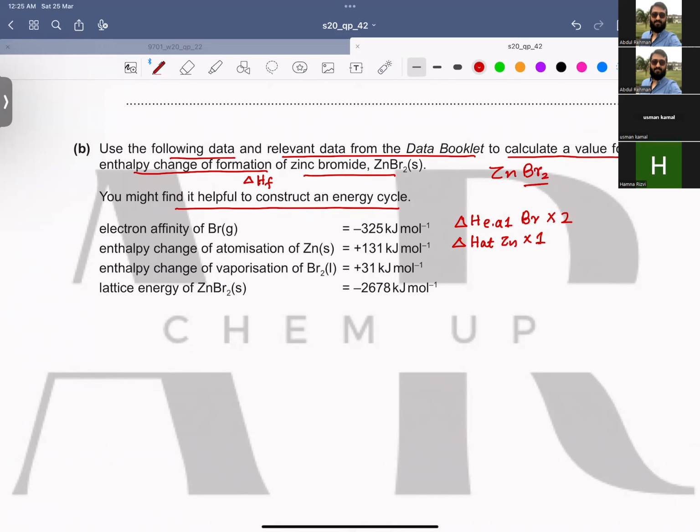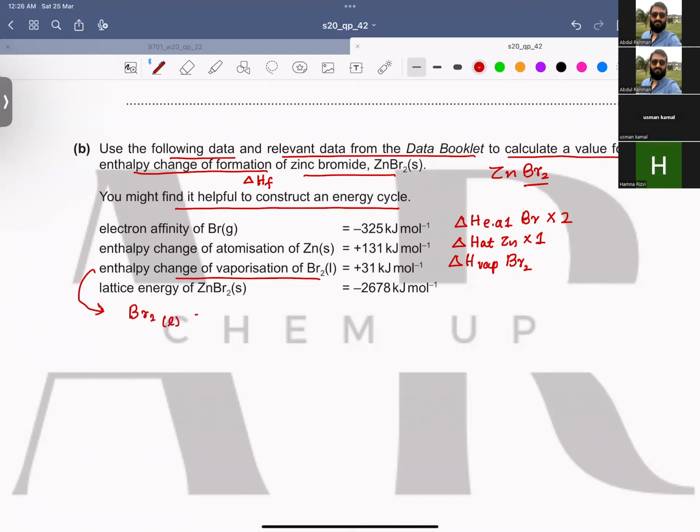Then you have enthalpy change of vaporization of bromine. Okay. It's for a bromine molecule, which means if I relate it with the change, I can express it in this way.